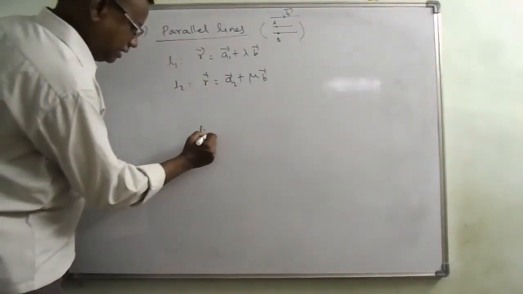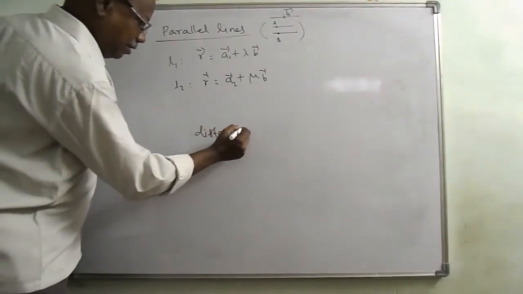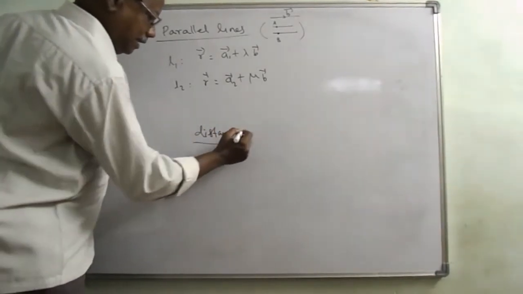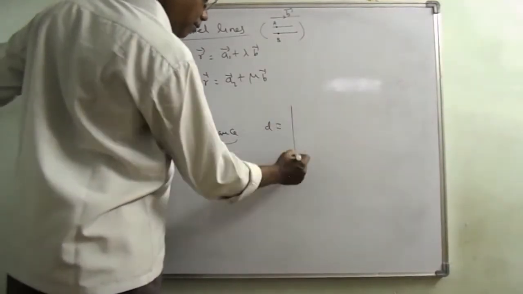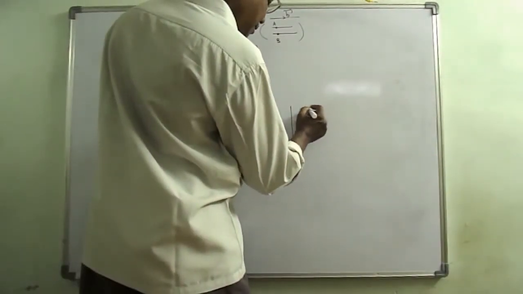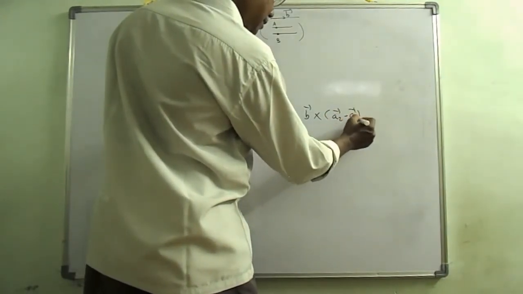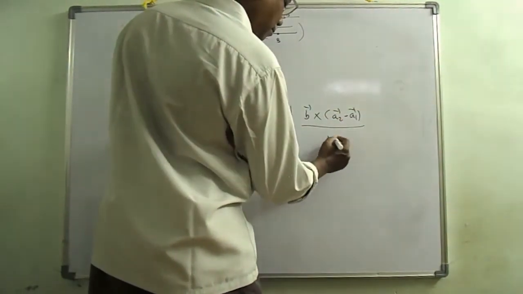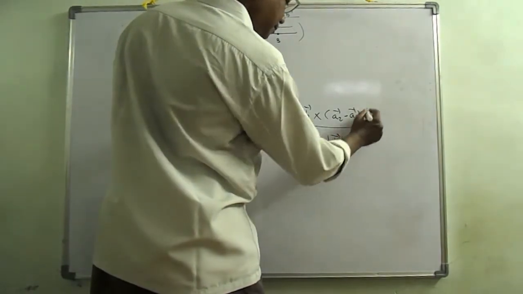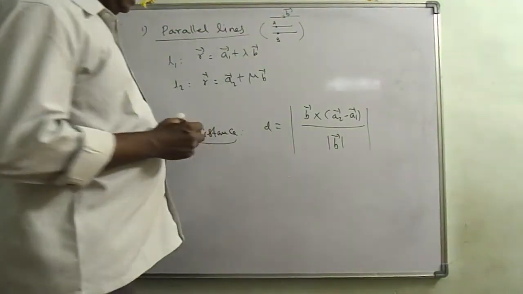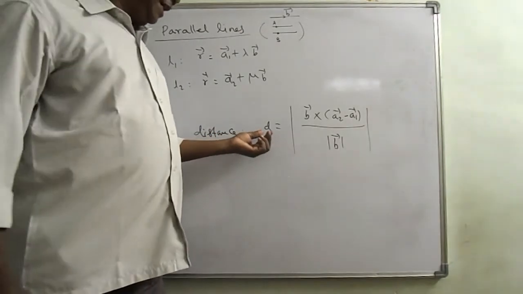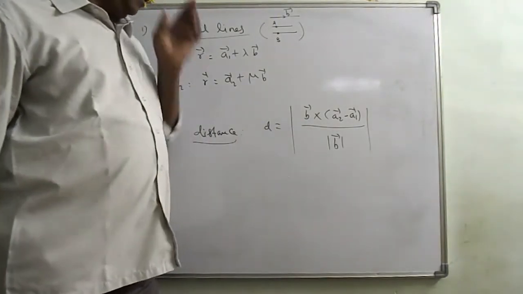Therefore the distance D is given by modulus of B vector cross (A2 vector minus A1 vector) whole divided by modulus of B vector. Since distance is not negative, we put the modulus here.